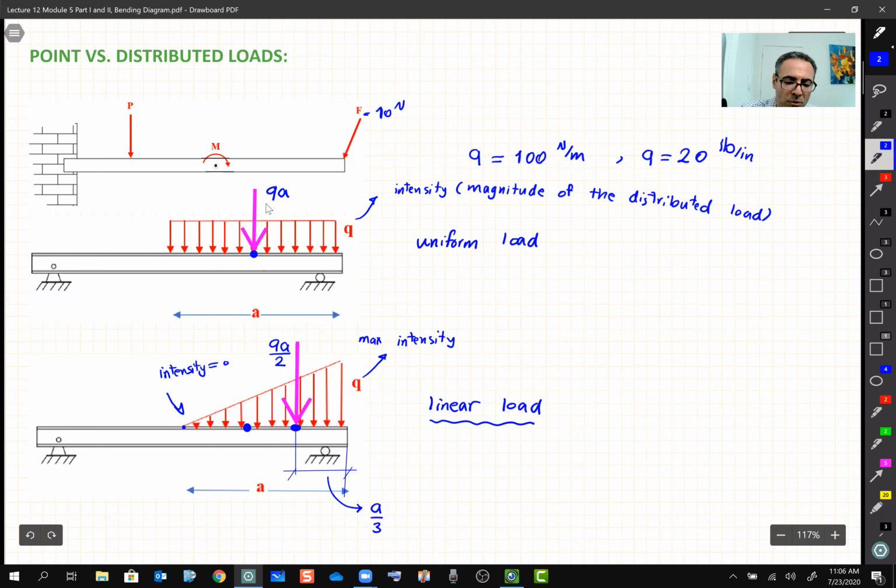For a uniform load, the center of this load is in the middle here. For a triangle, the point where you need to put this equivalent load is A divided by 3 from one side, right? Be careful, from one side, or from the tip here it is 2A over 3.